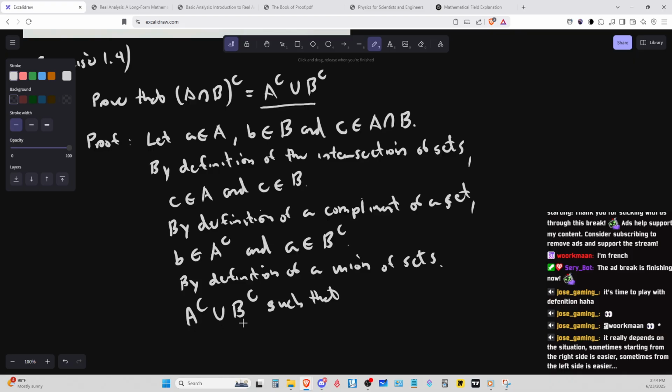So A such that B is an element of C, or A, so A or B in this case.